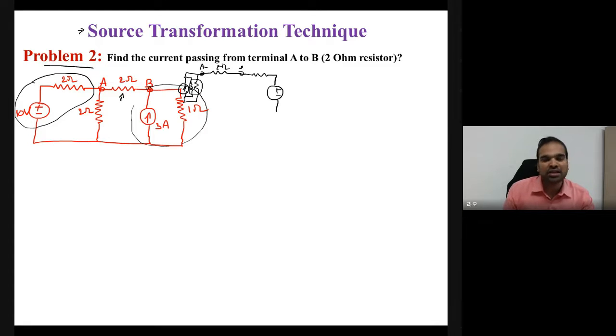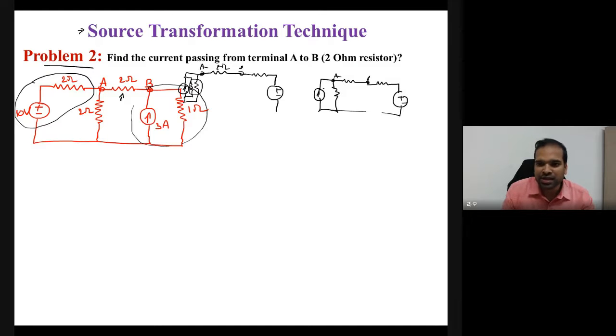Now by finding the equivalent resistance, instead of these two resistors you can make one resistor, right? So you will have a current source and one resistor here. Then this is our terminal A and B, and here you have a resistor and then this voltage source.